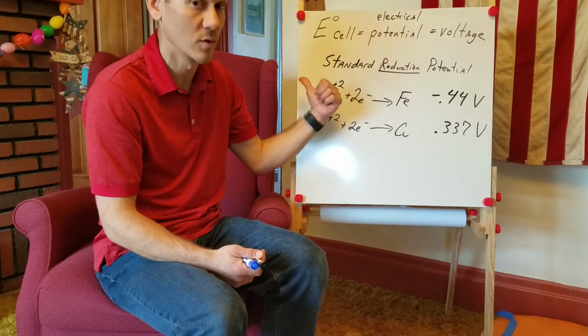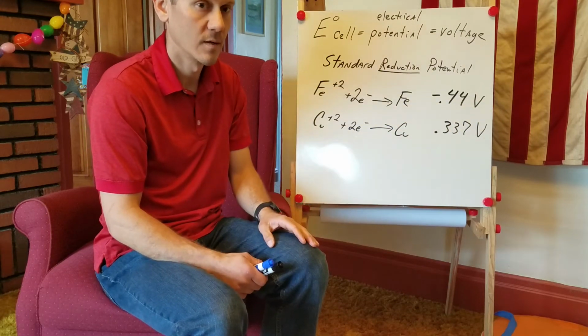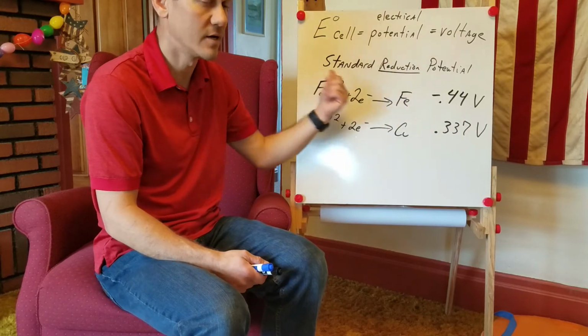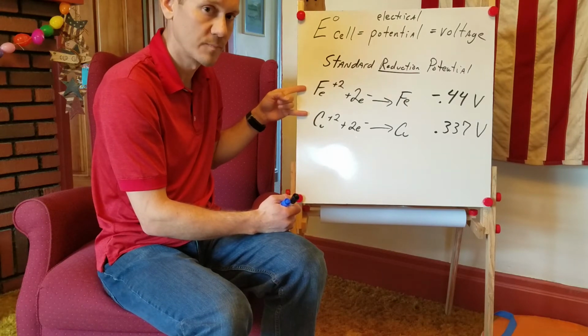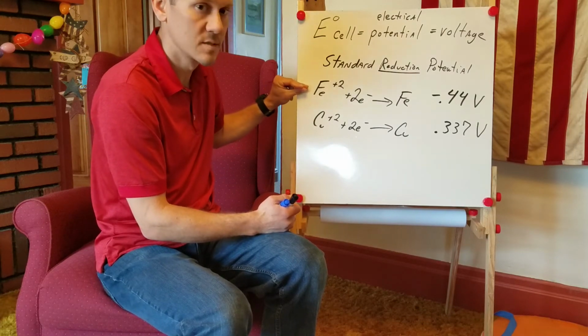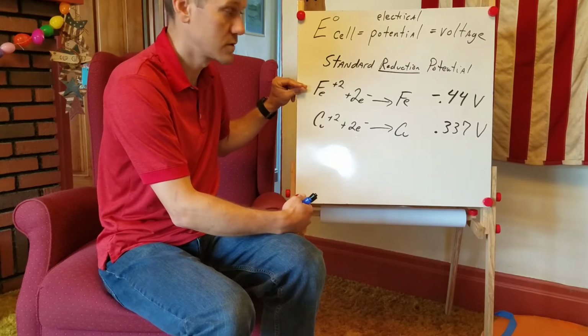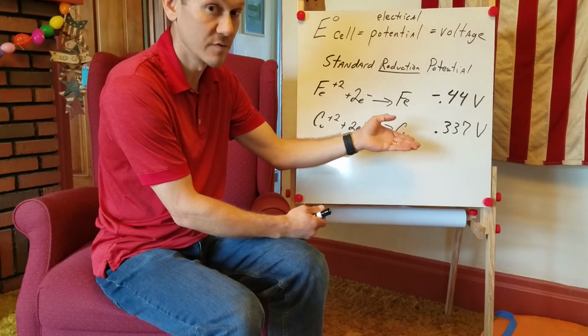The reverse is more likely to happen, and that's why this has a negative value. Alkali metals don't reduce automatically. It takes a lot of energy to make that happen. So if we're putting together these two metals, iron is the more reactive. It's the one that will be preferentially oxidized. So that will also give us an overall positive value.